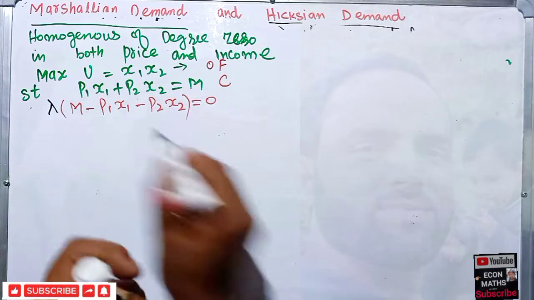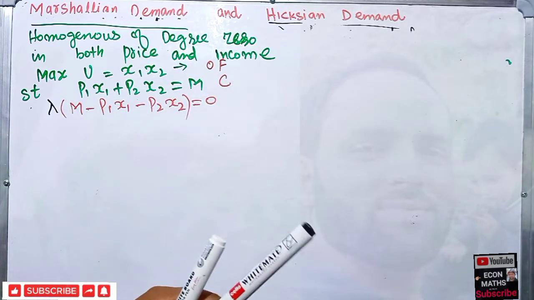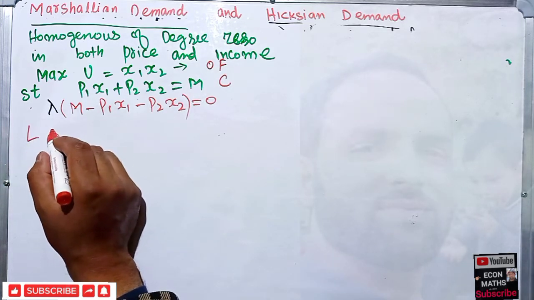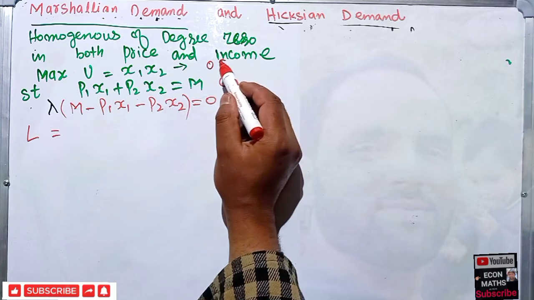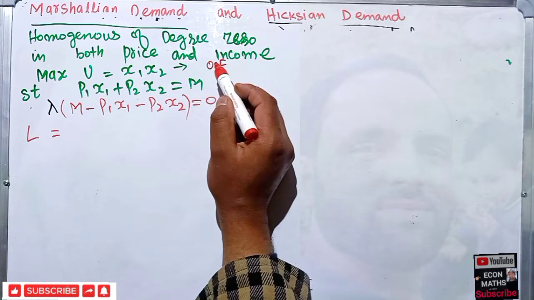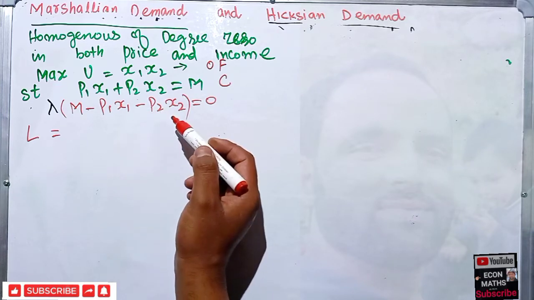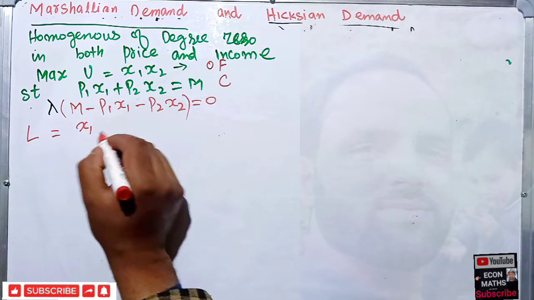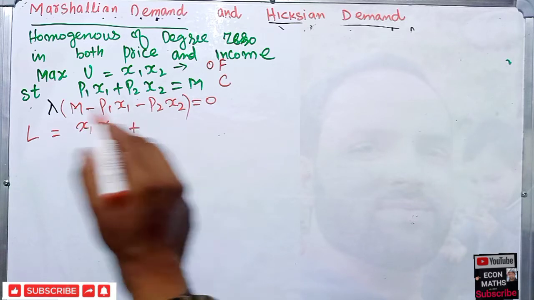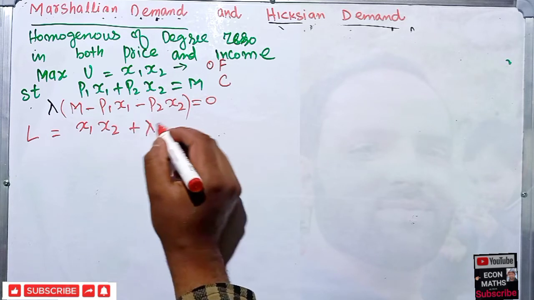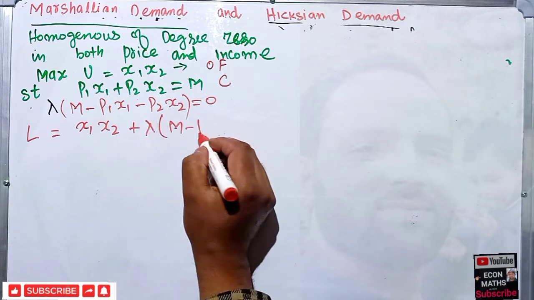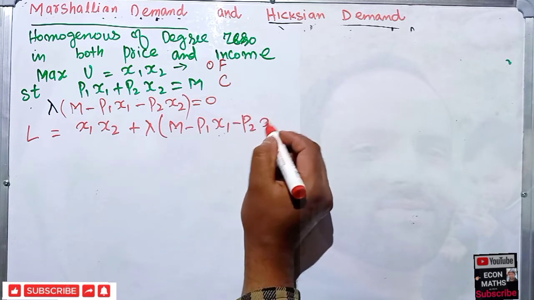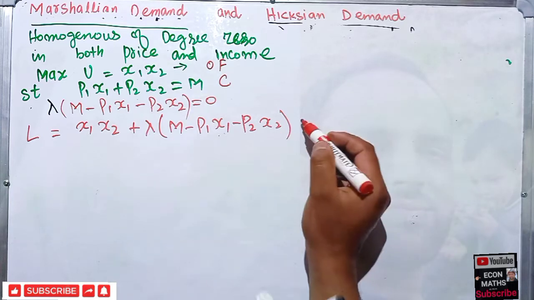Then the Lagrange's function is simply formed by adding the objective function and the resulting constraint. So our objective function is x1 x2 plus lambda times m minus p1 x1 minus p2 x2. Okay, so this is our Lagrange's function.